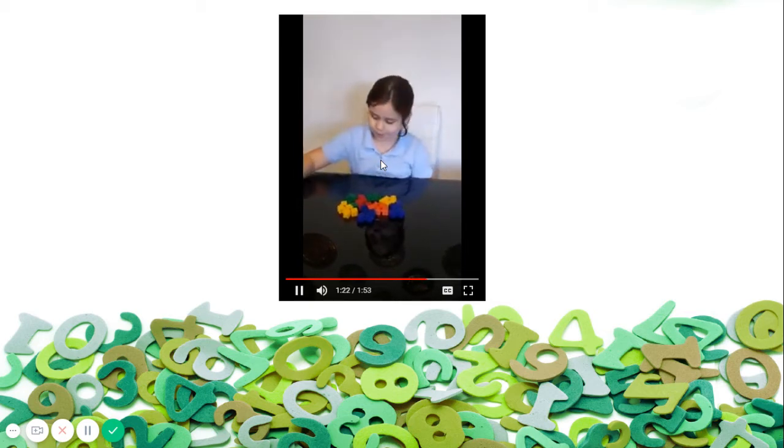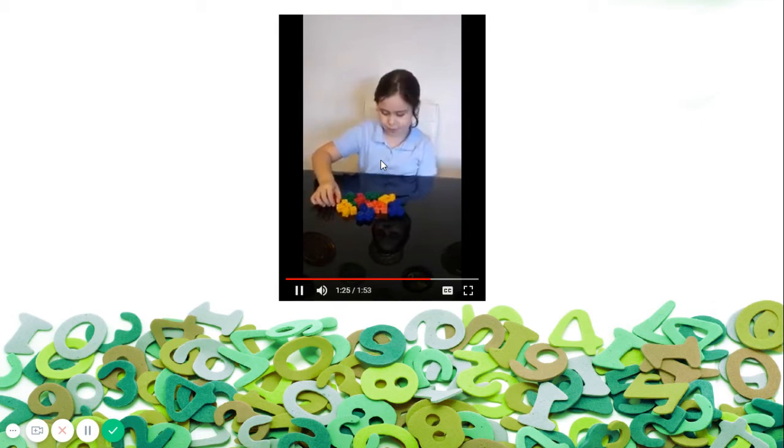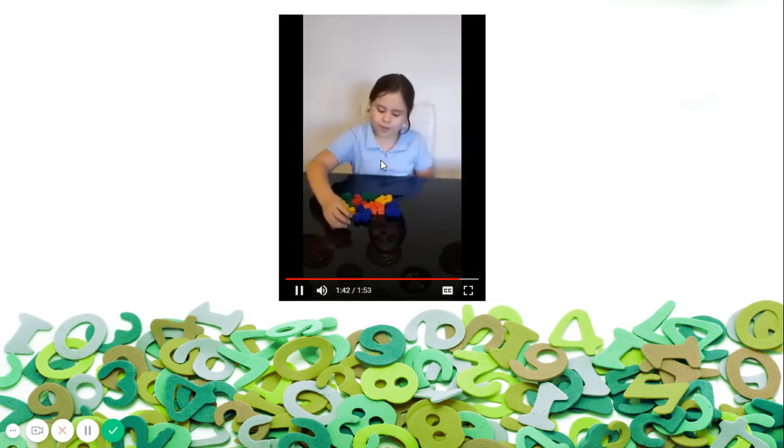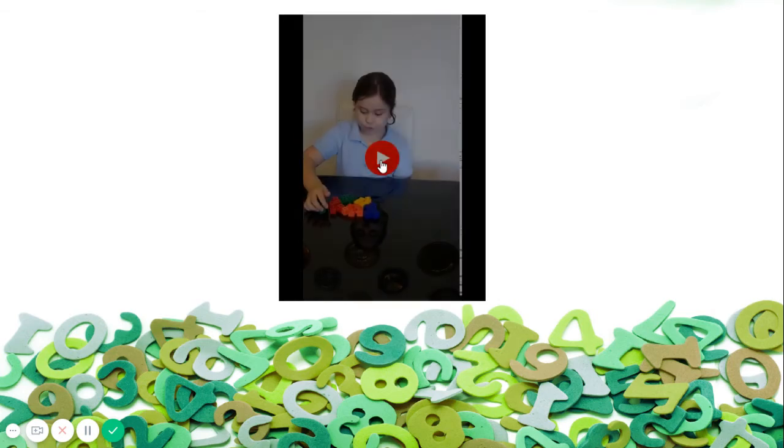That's a big number. 5 more than 40, it will be 45. And then 5 more than 45, it will be 50. Good job. So what are we doing here? Skip counting by 5's. Good job.